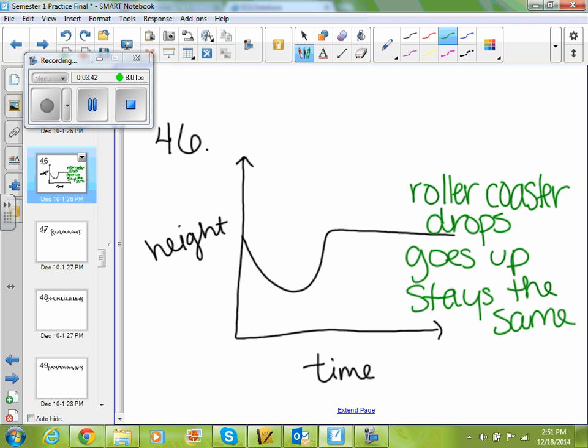Because right here, you're dropping. Then you're going back up, then you're staying the same. So that's why you have those 3 different things happening in that one graph.